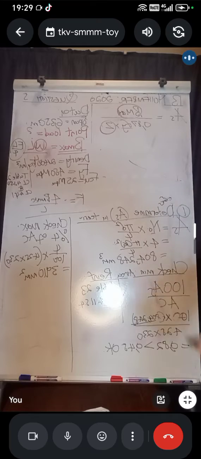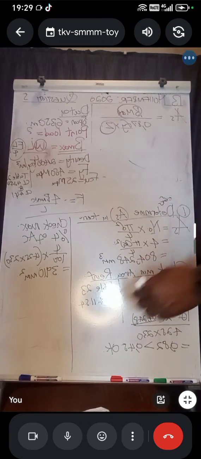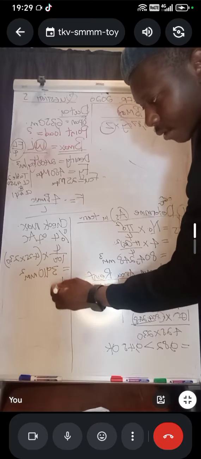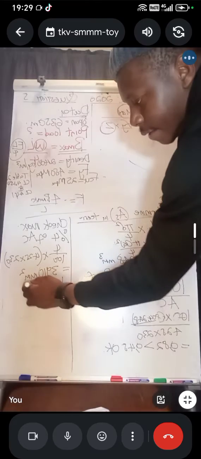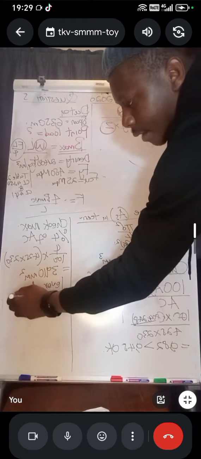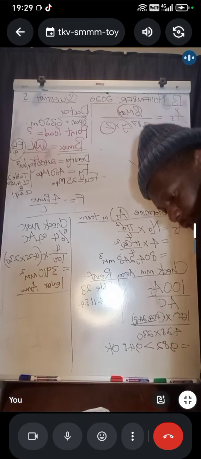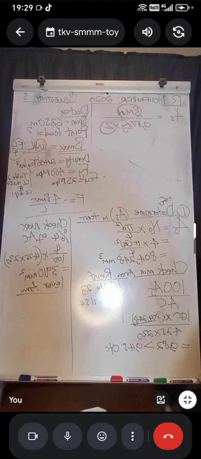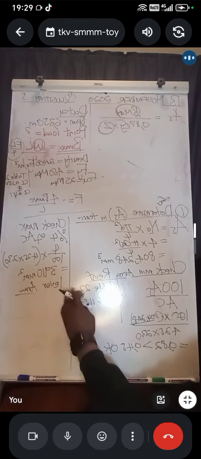That means you have to calculate the distance of the lever arm. And you know the formula for the lever arm? Yes. What is the formula?